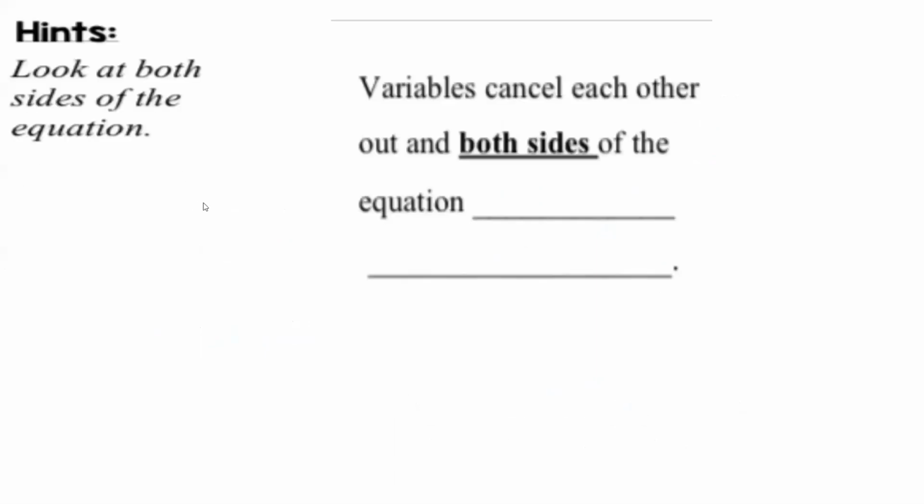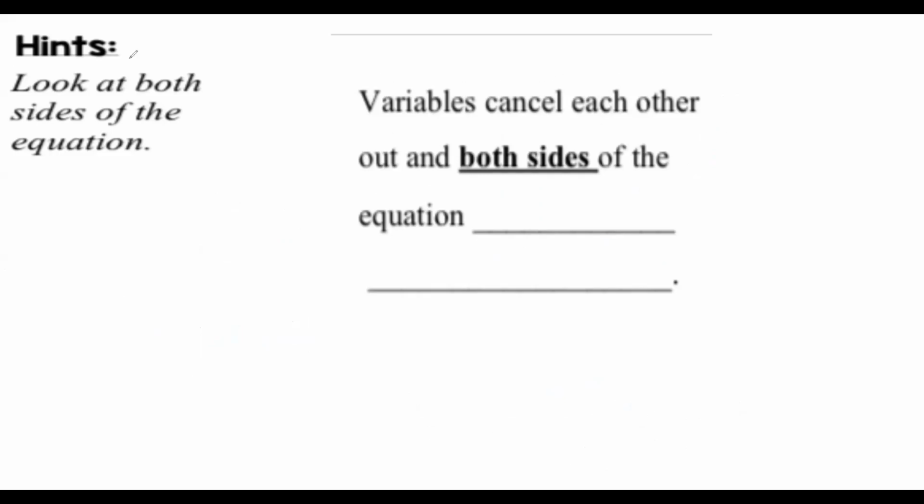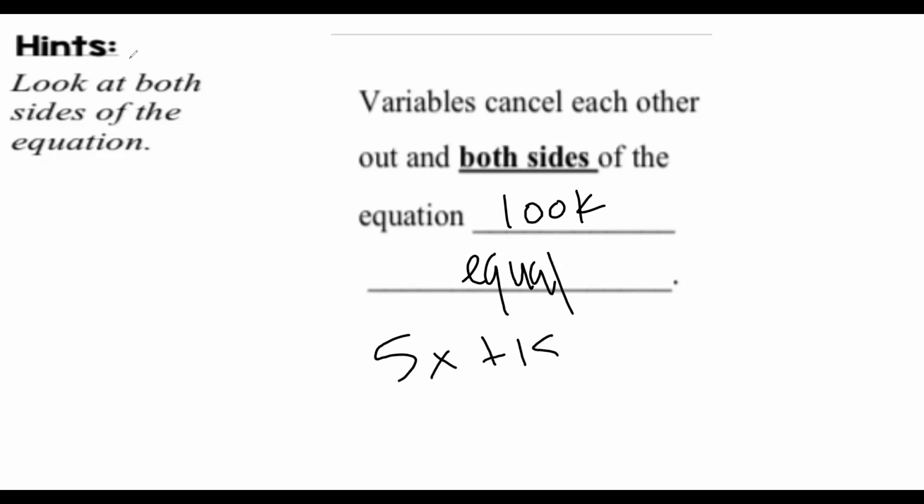They should be familiar, so I'm pretty much breezing through it. This is just a helpful little table that I want you guys to refer back to. So the hints: variables cancel each other out and both sides of the equation look equal. So we saw that 5x plus 15 equals 5x plus 15.